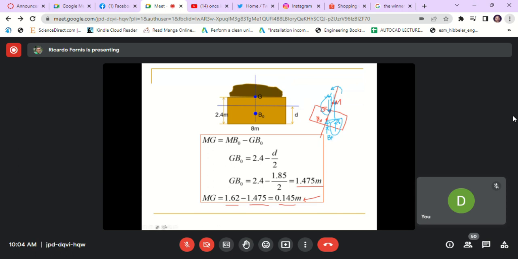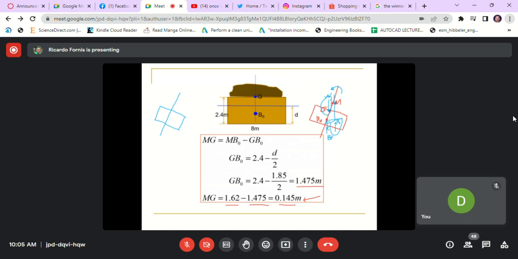Pero kung imong tan-awon ang situation, kung tan-awon nato ang situation where the MBO or the MG becomes minus, I will use another figure. So, if the body will tilt like this, so this is now the axis of the floating object.